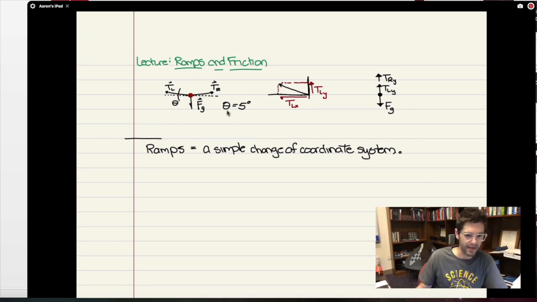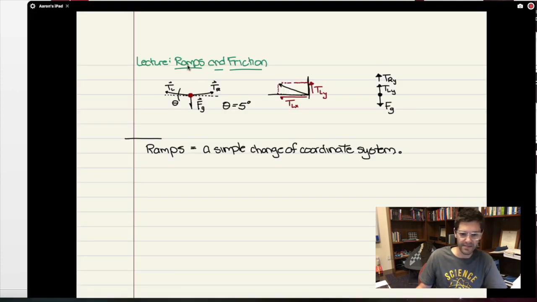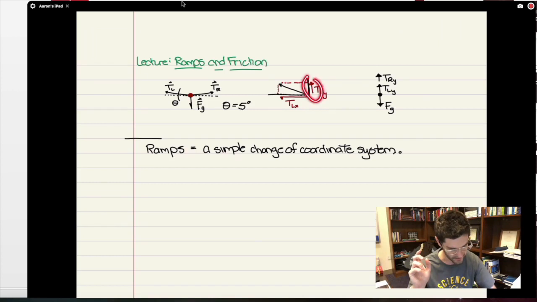So even in the case where the angle is some small value like 5 degrees, which might be the case here, that sets up a system where the tension forces are at slight angles. They are not perfectly horizontal. There are slight angles to them, so there's a very, very small vertical component that is associated with each of these tension forces.